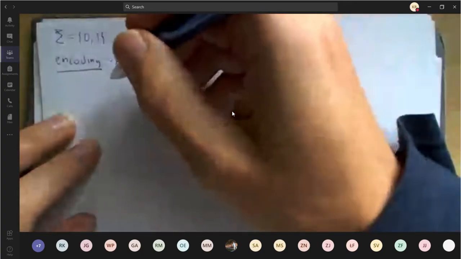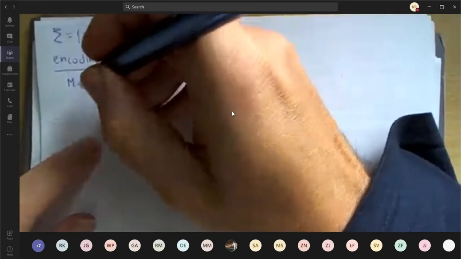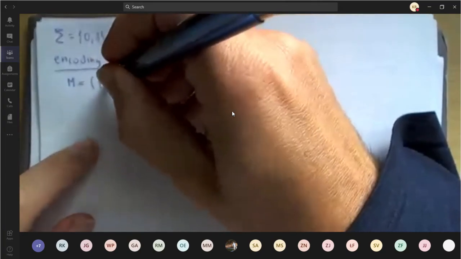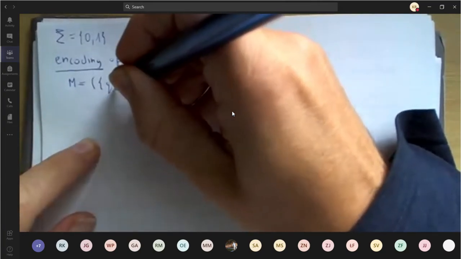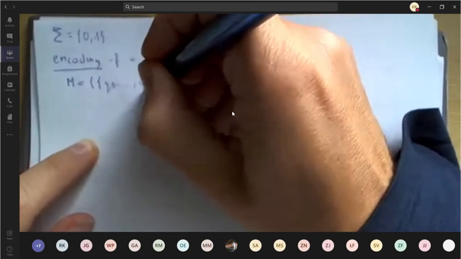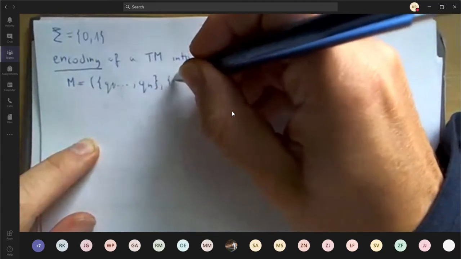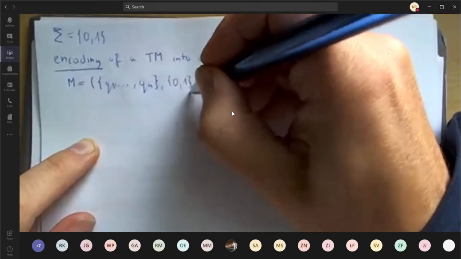Okay, so we have our Turing machine M. It has n states, Q1 up to Qn. The input alphabet is 0, 1, binary.